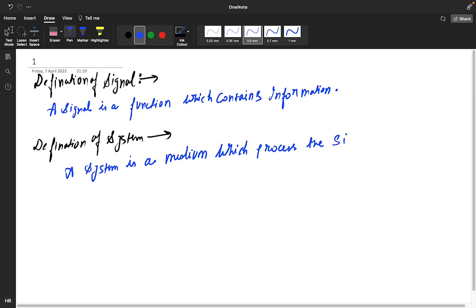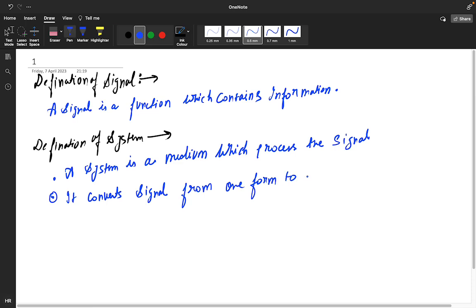Or you can write, it converts the signal from one form to another form. Have you written these things, guys?